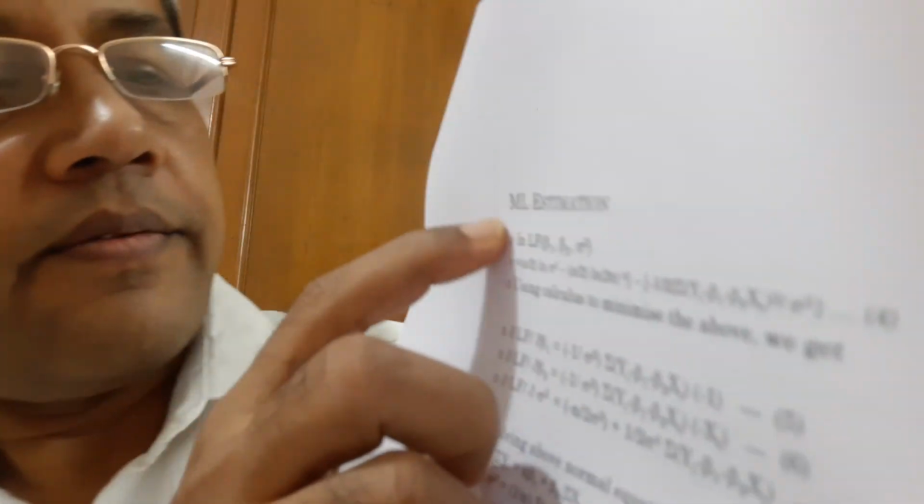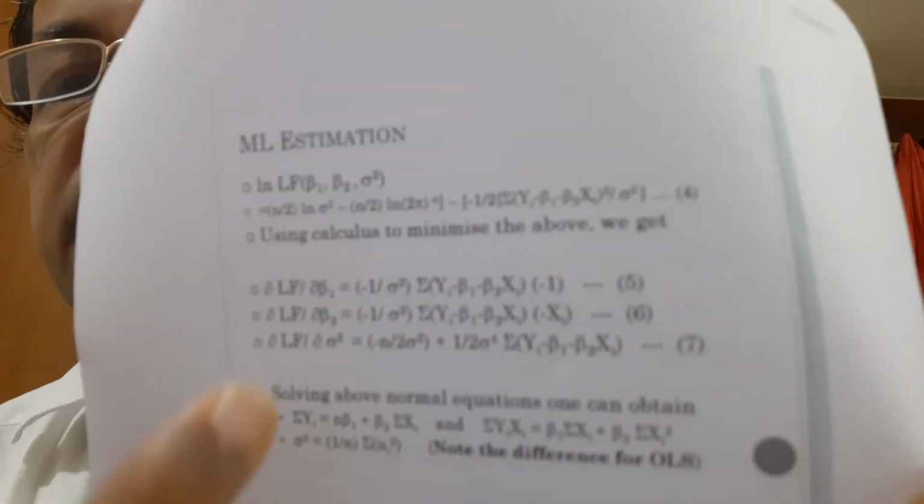For n sets of values of beta 1, beta 2, and sigma square, you have n likelihood functions. Now among these likelihood functions, we are trying to find that particular value of beta 1, that particular value of beta 2, and that particular value of sigma square, that set which maximizes the likelihood. So for that, as in the least square procedure, we can apply calculus, where this is the likelihood function and the unknown parameters are beta 1, beta 2, sigma square.